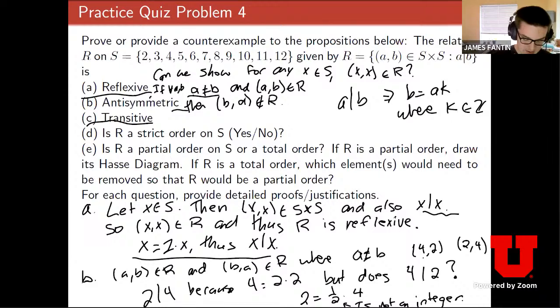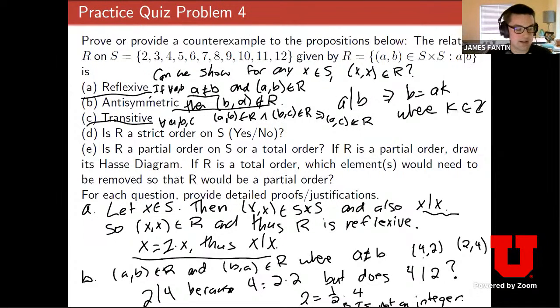Remember for transitive, all we're saying is that for all A, B, C in our set, if (A, B) is in R and (B, C) is in R, then that implies that (A, C) is in R. So in other words, for these tuples in S cross S, do we think it's the case that if A divides B and B divides C, then A divides C? Any thoughts on that?